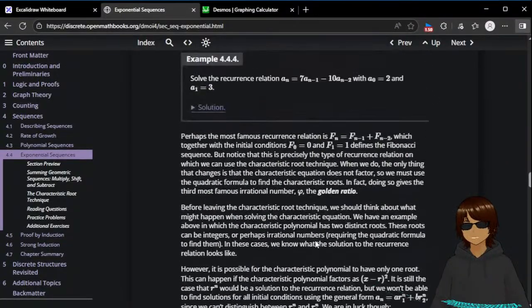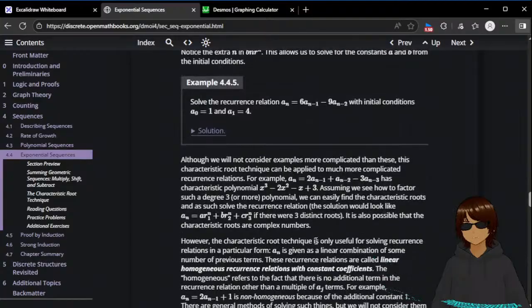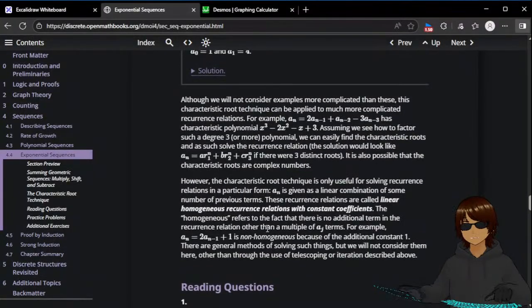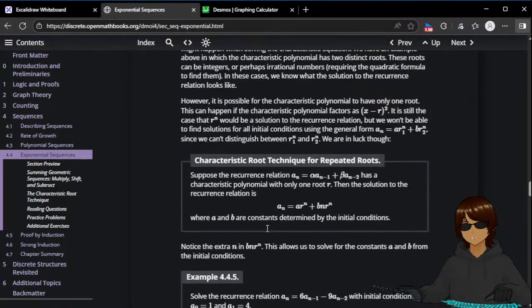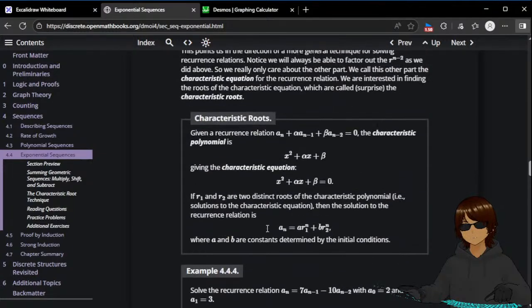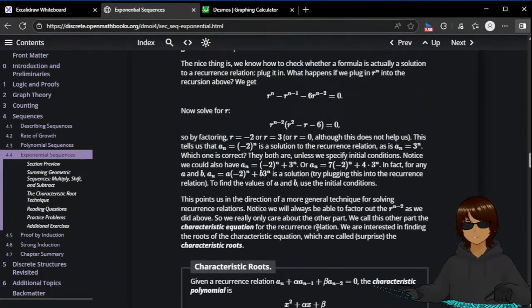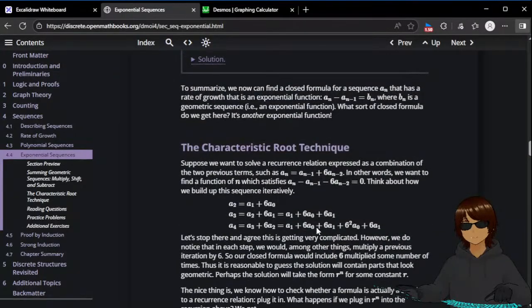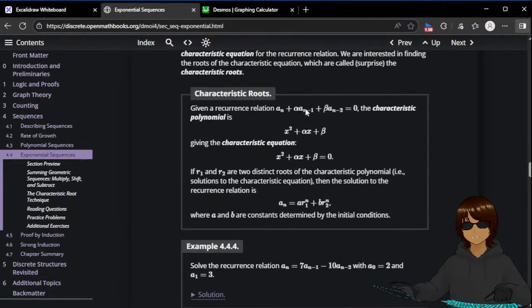Oh, this is the last part. I mean, how do they get this? I need a more clear proof of why they're doing this.